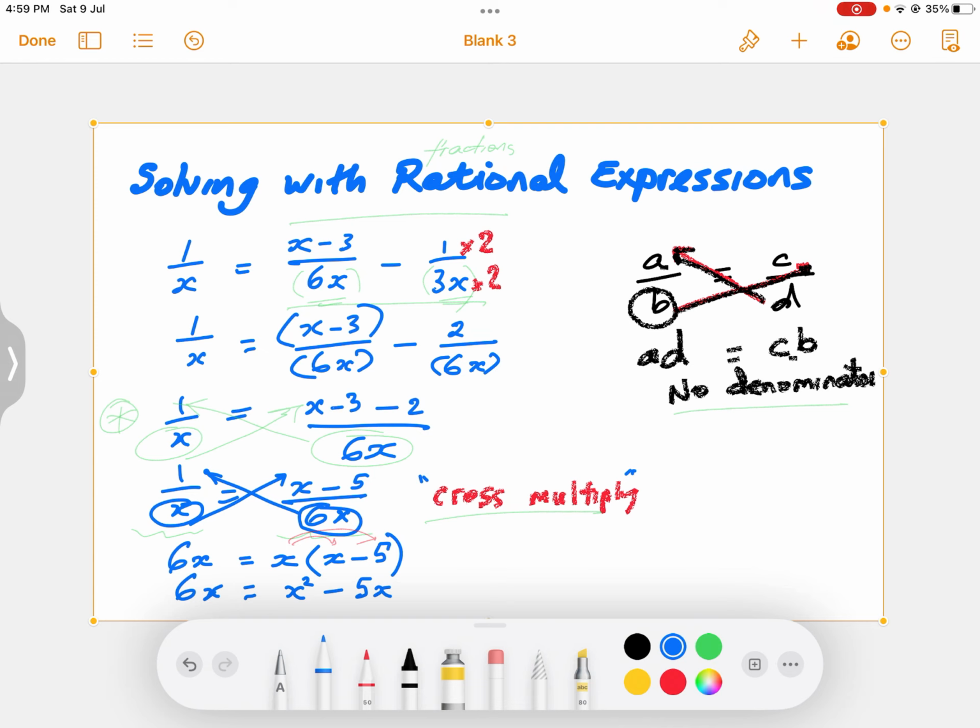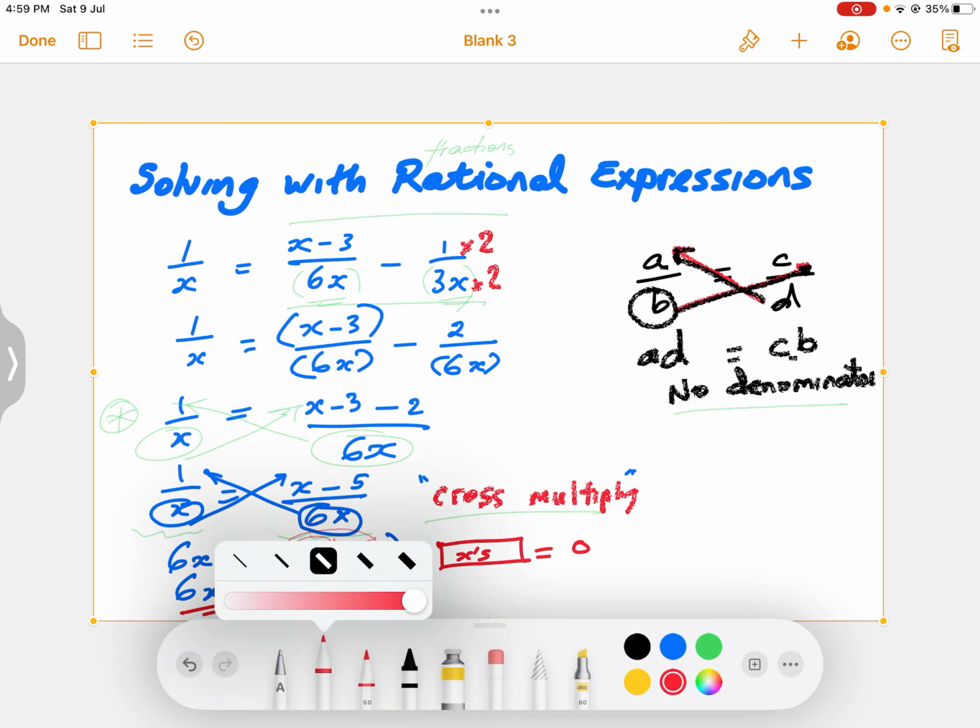Now, we've got an equation with x's on the left, x's on the right, and I want the objective here to be to have some x's on one side equal to 0. So I want one side with no x's. So what I'll do is bring the 6x over to the other side, and leave nothing on that side.